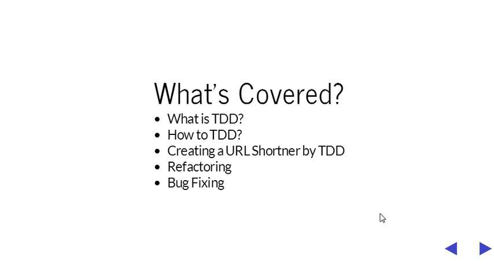We'll also talk about how you can follow the steps of test-driven development, and we'll actually do a project or a hands-on in test-driven development by creating a URL shortener using Django. We'll also have a quick example about how we can do refactoring and bug fixing, all within the framework of test-driven development.